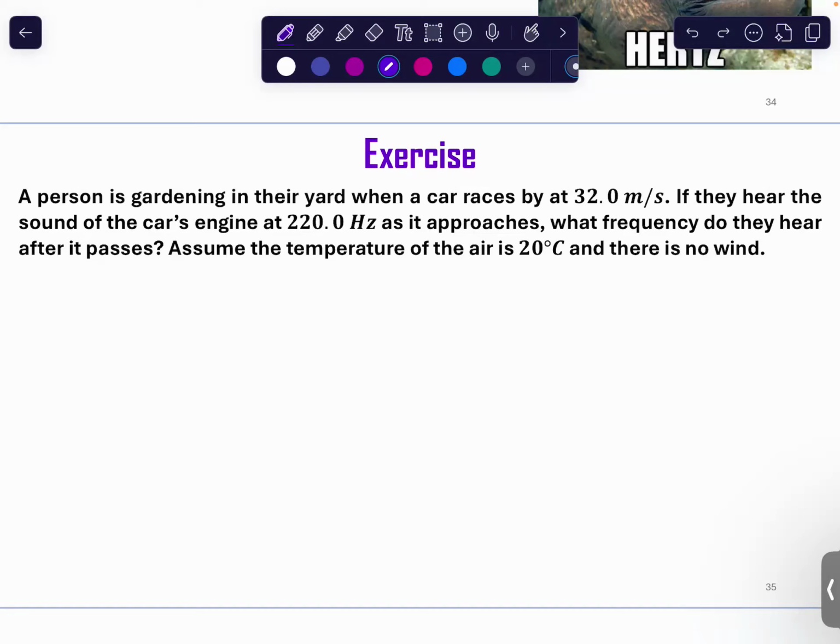So try to break this into the approaching car and the receding car. Have numbers for the approaching car. The frequency emitted by the source is going to be the same no matter what. What changes is the frequency you observe, whether it's coming toward you or moving away.